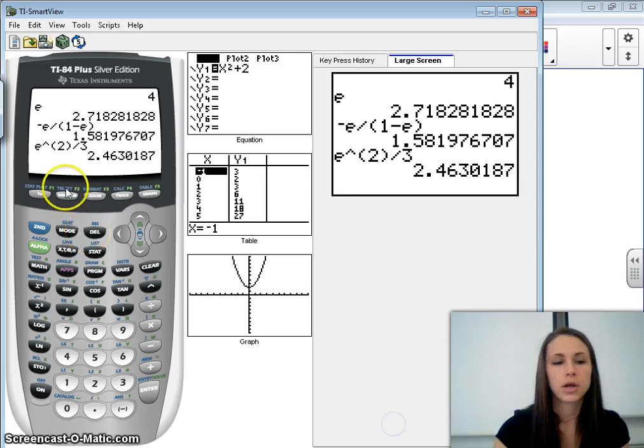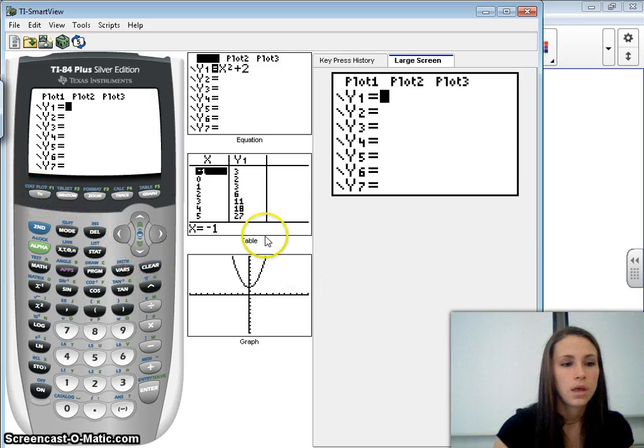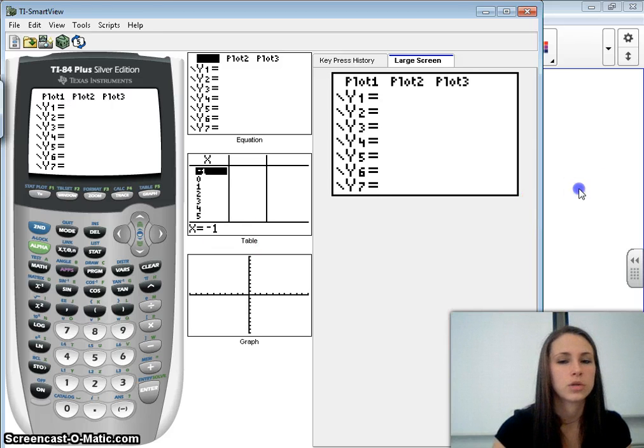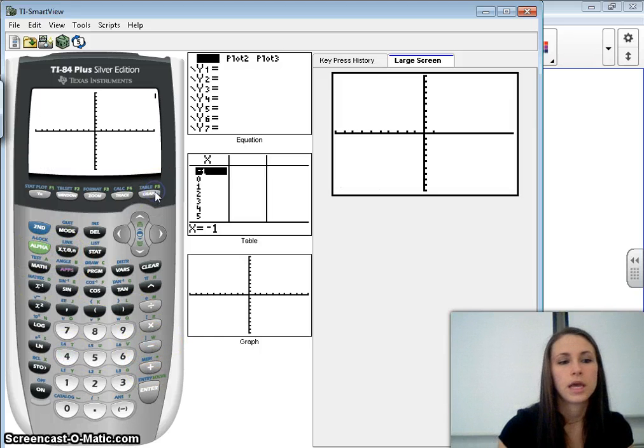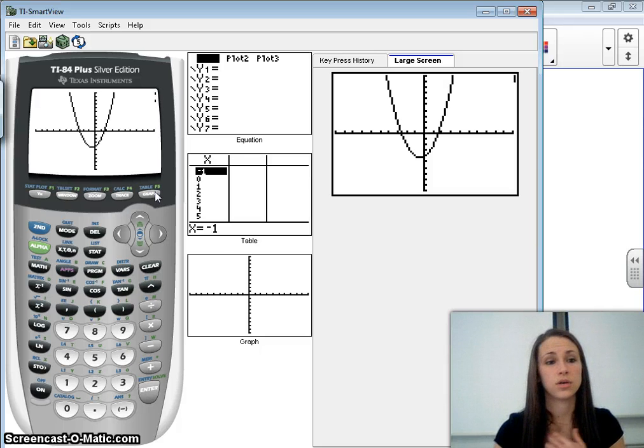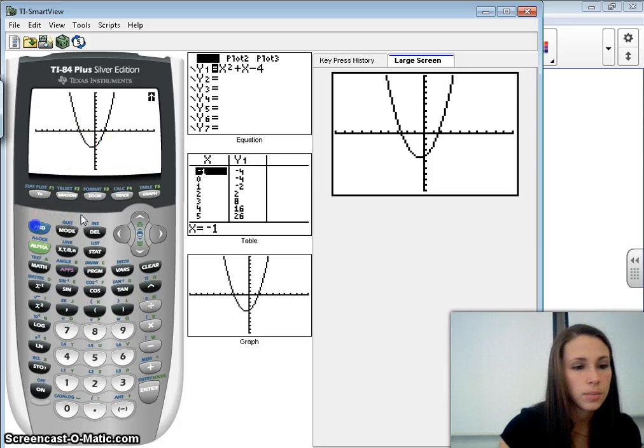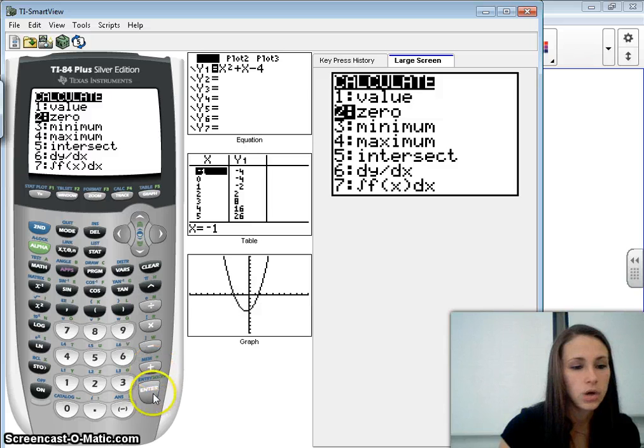So I'm going to go to my calculator and plug this in. I could also use the quadratic formula, but the calculator is going to be a little bit easier. So I'm going to plug in x squared plus x minus 4, graph it and just find the zeros. Those will be my two solutions. So I'm going to go to second calc, 0.